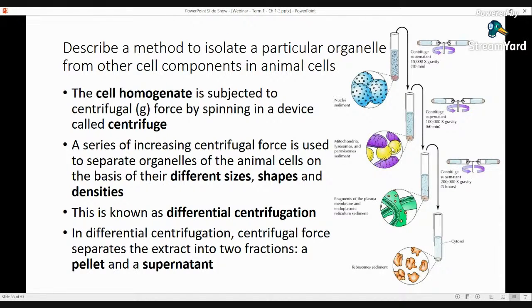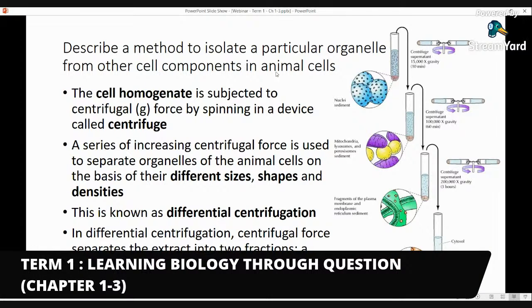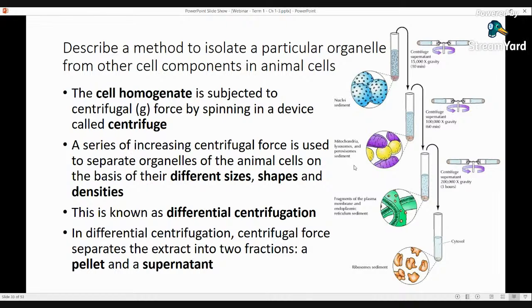Pellet 2 normally contains the next heaviest, larger organelles such as mitochondria and lysosomes. Chloroplasts too, but since this question focuses on animal cells, we cannot write chloroplast here. If you want to study the smaller cellular components, you centrifuge again under higher centrifugal force to obtain the next pellet, and so on.